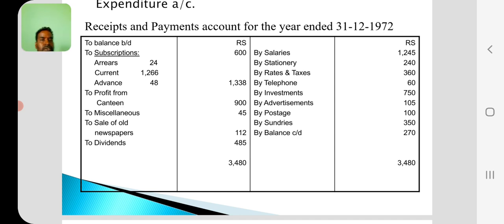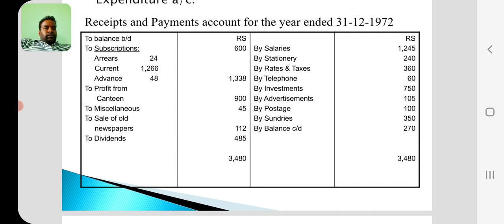By salaries 1245, by stationery 240, by rent and taxes 360, by telephone 60, by investments 750, by advertisements 105, by postage 100, by sundries 350, balance carried down 270.